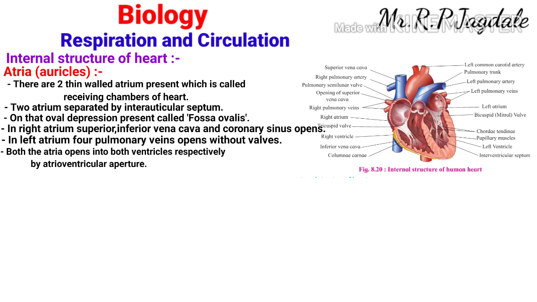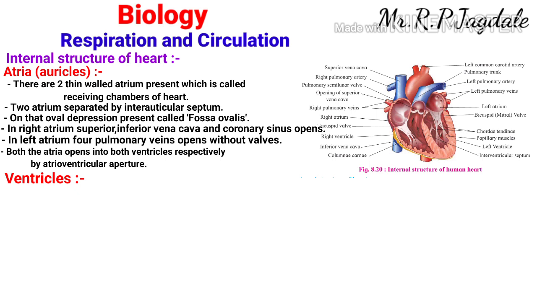Remember, students, that the two atria are separated by the interauricular septum, the two ventricles are separated by the interventricular septum, and the auricles and ventricles are separated by the atrioventricular septum or aperture.